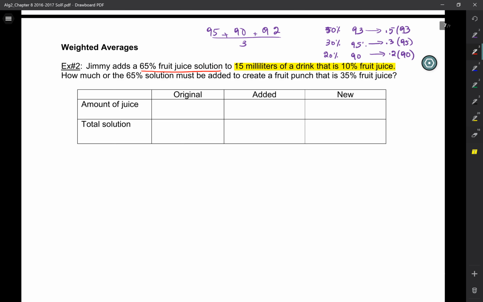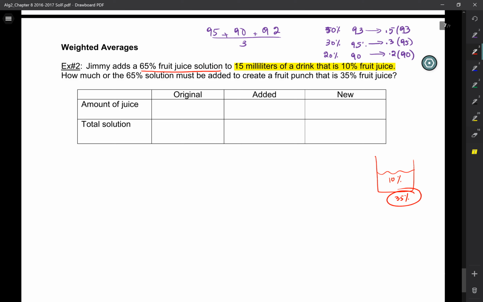Now the question is, how much of the 65% solution must be added to create a fruit punch that is 35% fruit juice? In my initial container, I had 10% fruit juice. I need to make it stronger so I get 35% in the end.